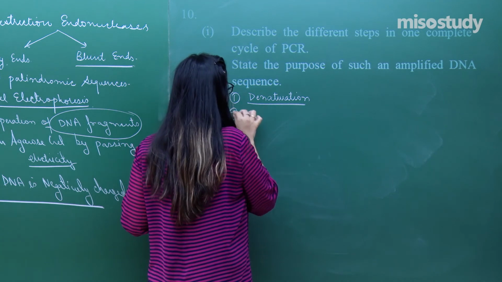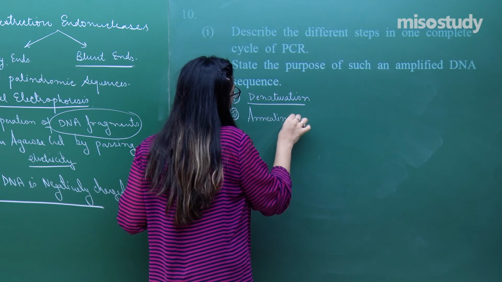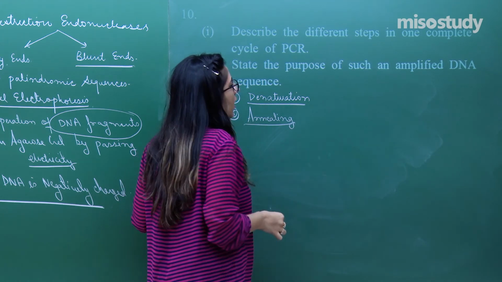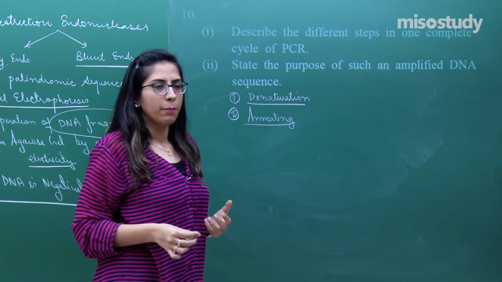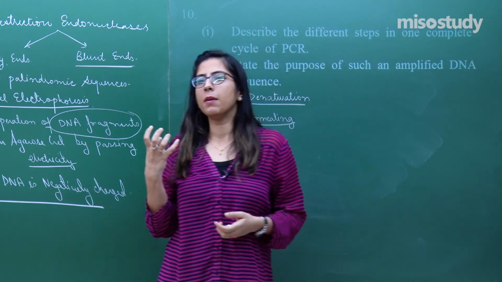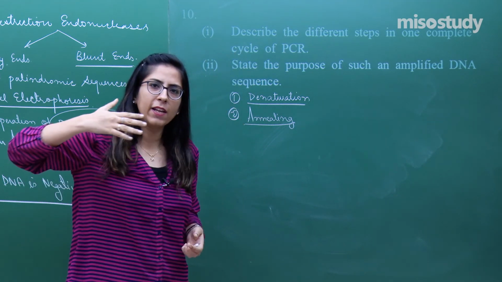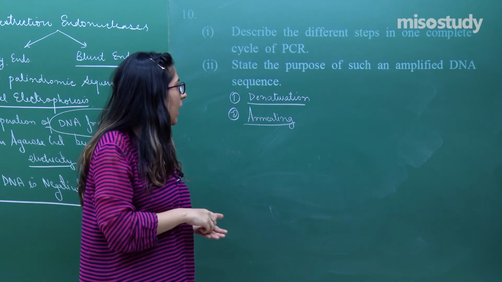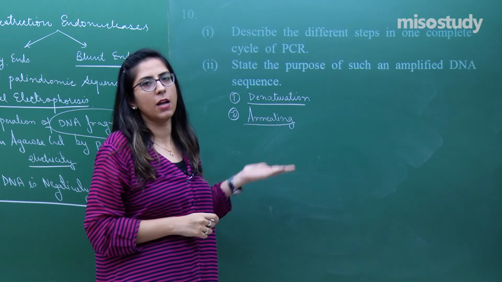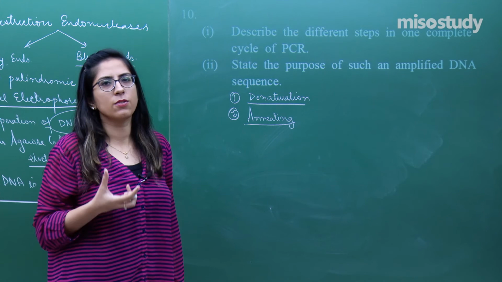After that is the annealing process. In the annealing process, the primers are allowed to join. Because the DNA polymerase cannot start on its own, it needs a free OH group, right? Then only will it extend that chain. For that, we always require primers, and that primer is joined with the help of the process called annealing.